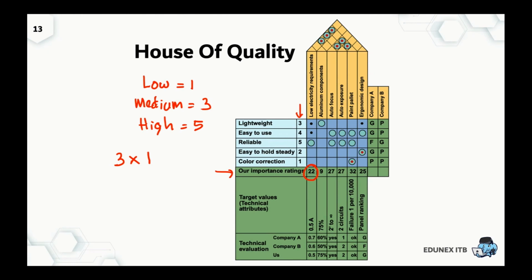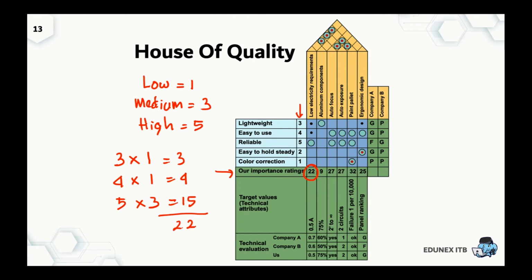Easy to use has customer rating 4 multiplied by low relationship 1. Reliable has the customer rating the highest one. This is 5 multiplied by this one. Reliable has medium, so this is 3. So this is equal to 3, equal to 4, equal to 15. So when we sum up, it becomes 22.